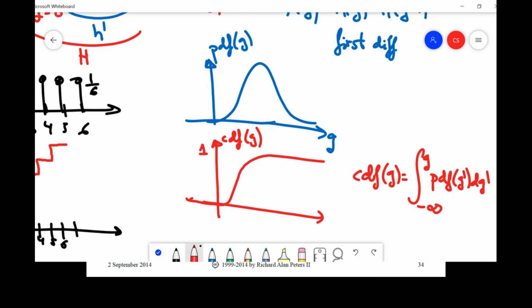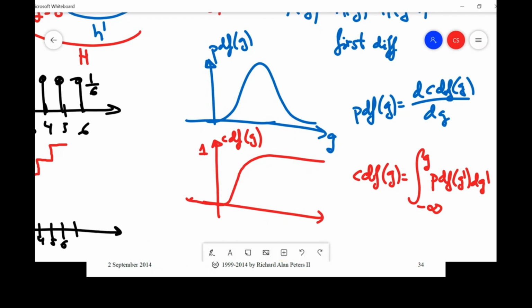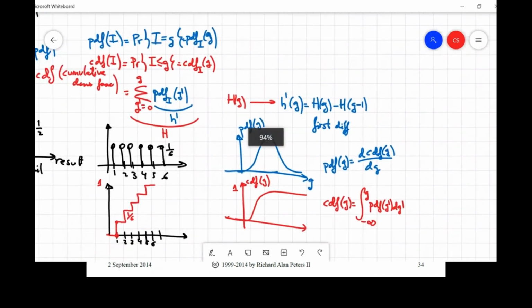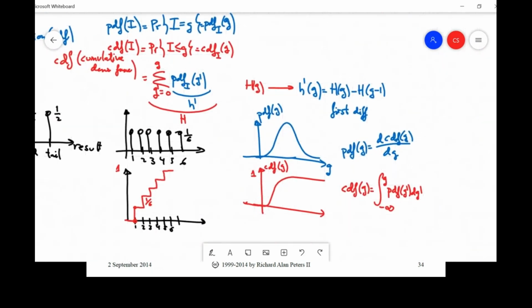And if I want to go back, it's the opposite. I have to differentiate. The PDF of D is simply the derivative of the CDF of D with respect to D. And now you recognize these relationships between discrete and continuous systems that you already know, but probably you don't have all of these together in your mind.